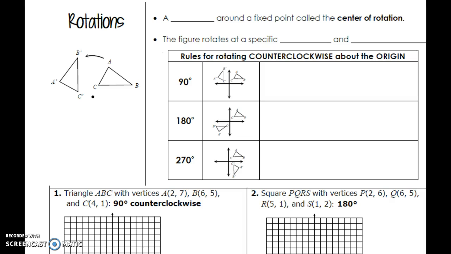So the rule is what? The rule is that xy turns into negative yx. And when you do 180 degrees, this one I'm not going to demo because I actually think this is the easiest one of all. You're spinning an object completely around in the exact opposite direction.